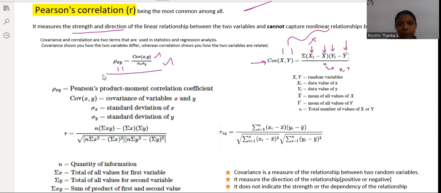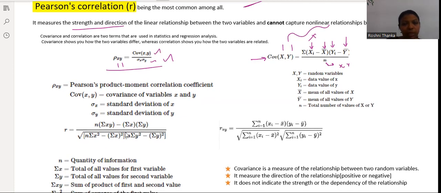Using this, we are able to find the covariance of x comma y, then divide by the standard deviation of the first variable times the standard deviation of the second variable. This is one way of representing the Pearson correlation. If you see somewhere else, there is another way of representing the Pearson correlation. In all the ways, you will get the same answer.